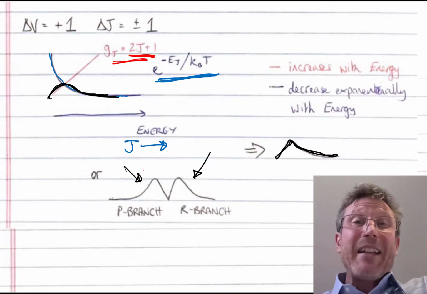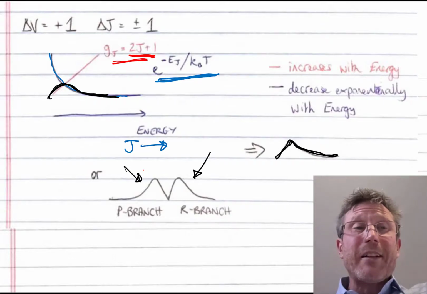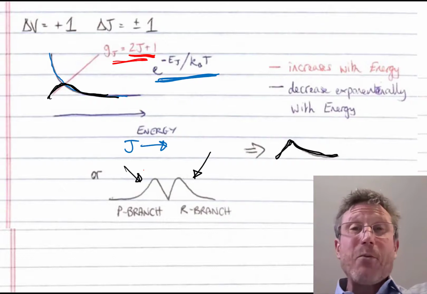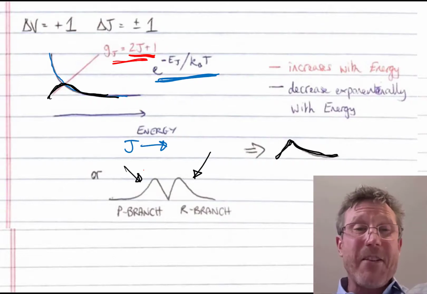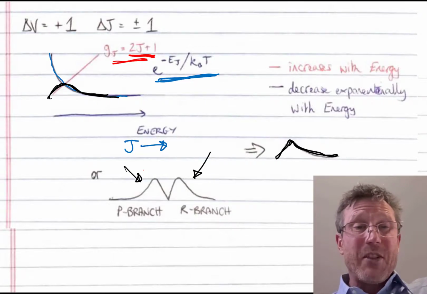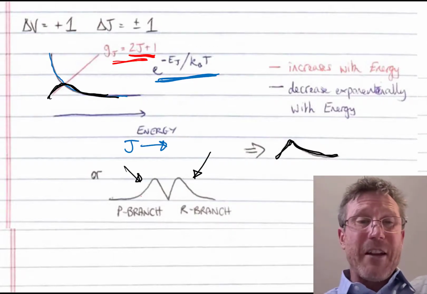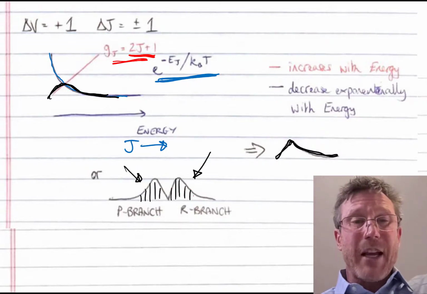So that is the reason why we start to see certain spectral features in an infrared spectrum. Many of you will use infrared spectroscopy to look at and characterize different molecules that you might synthesize. And on an FTIR spectrometer, you would see these two different branches. If you look really closely with certain molecules, you're going to see the individual rotations.